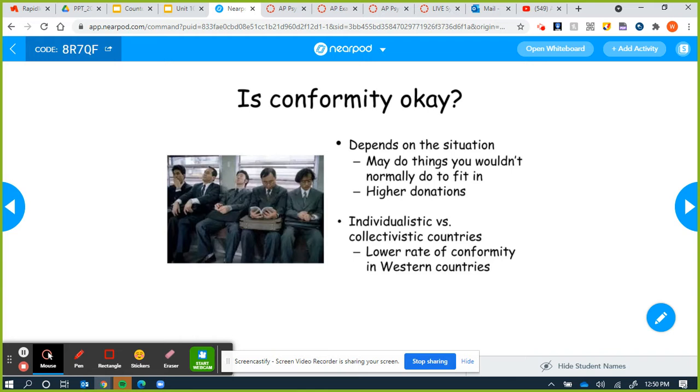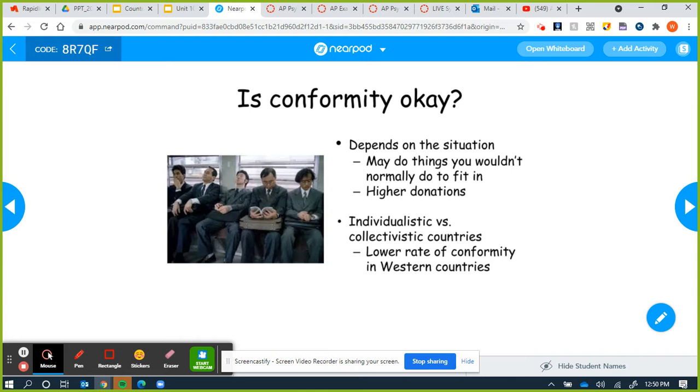Those countries don't value people sticking out from the norm. Their value is that everybody is in one mass moving together at all times.